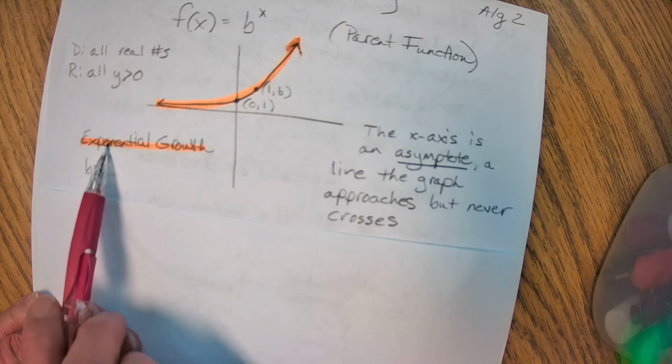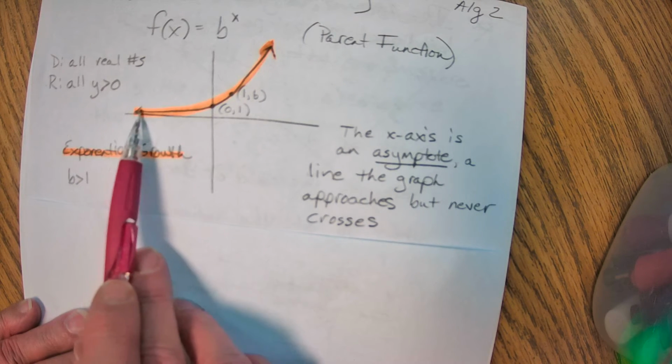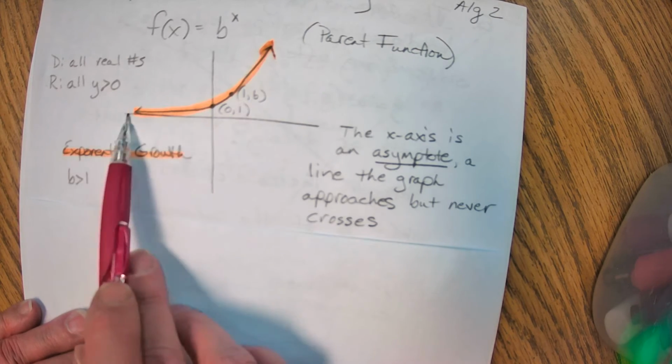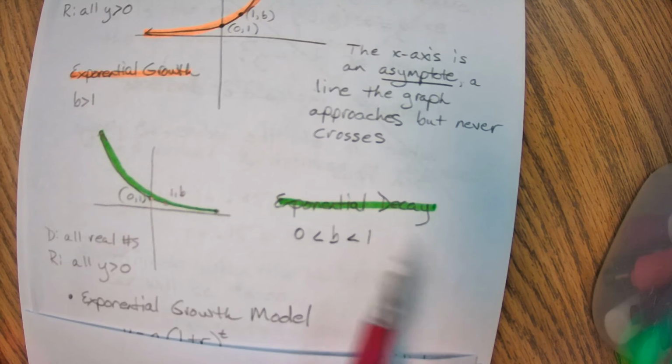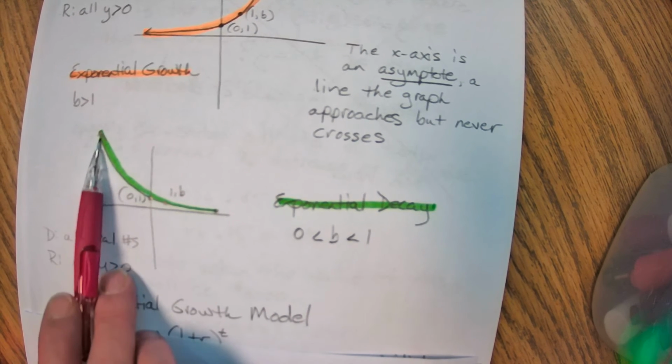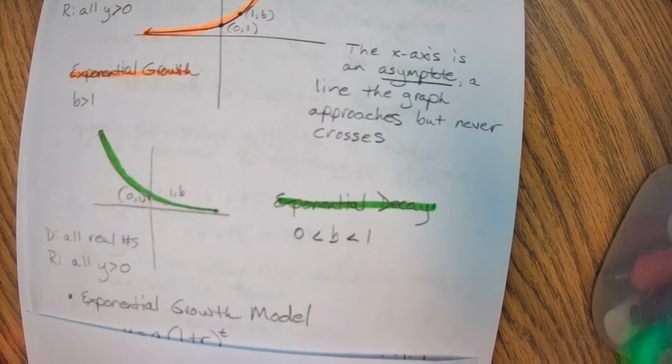When b is greater than 1, this is what an exponential growth looks like. And when b is between 0 and 1, it would be a decay model, and this is what the graph of exponential decay looks like.